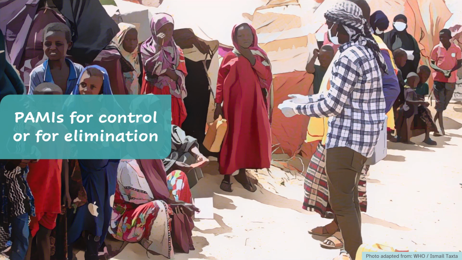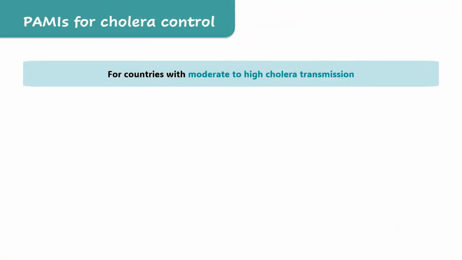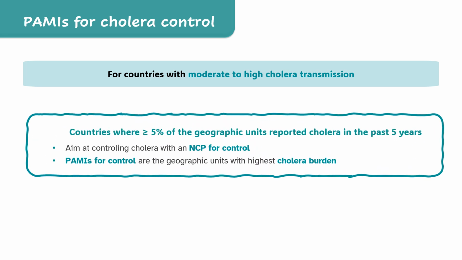Let's see when to identify PAMI for cholera control and when to identify PAMI for cholera elimination, depending on the country cholera situation. The identification of PAMI for cholera control is for countries with moderate to high cholera transmission. As a guiding principle, those are countries where more than 5% of the geographic units reported cholera outbreaks over the past 5 years.